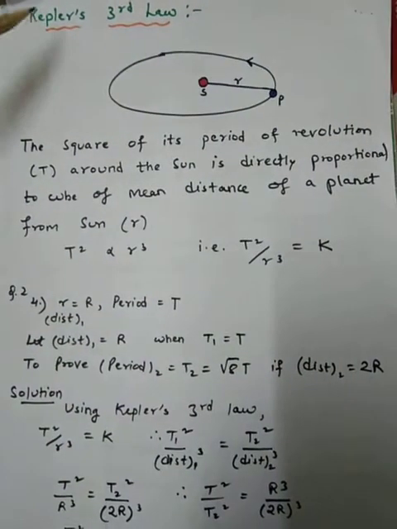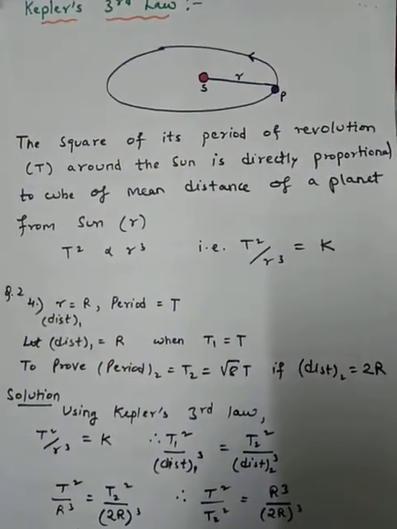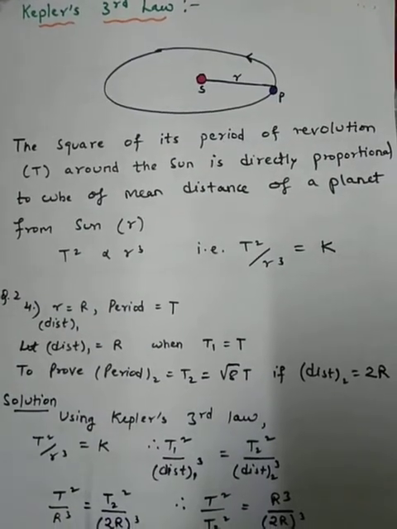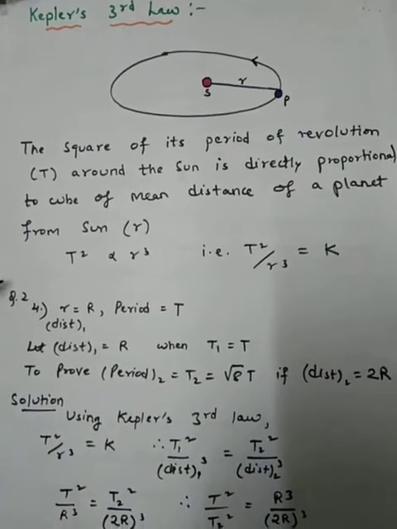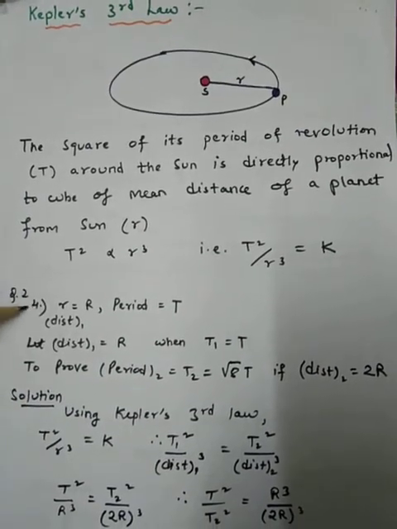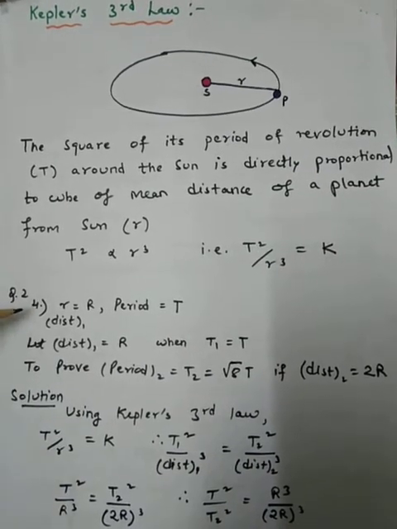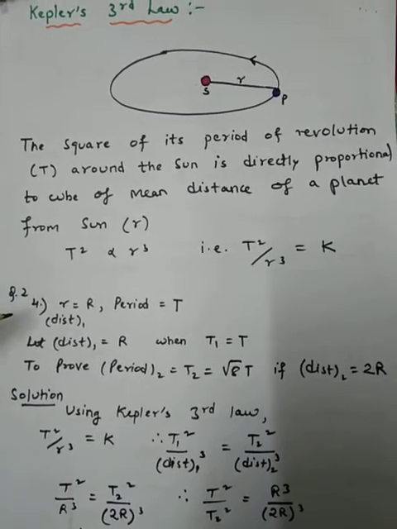Now, based upon this Kepler's third law, you have one question in the exercise. The exercise in the textbook you will find on page number 15, and I have given you the solution. The question number is question number 2, and under that the sub question is 4th. Question 2, part 4 goes this way: let the period of revolution of a planet at a distance r from a star be t.